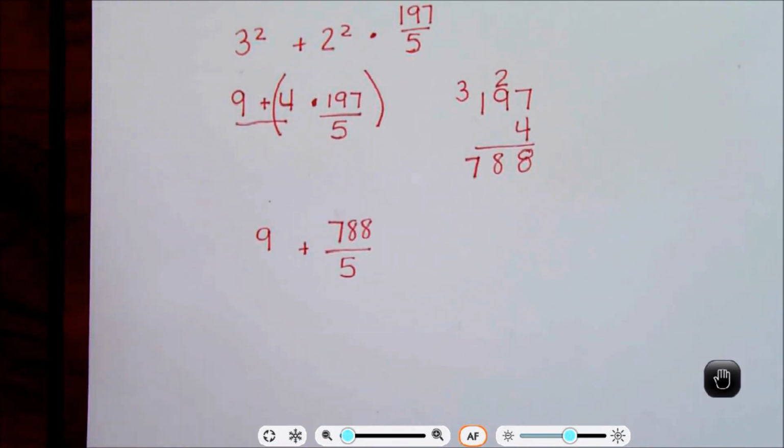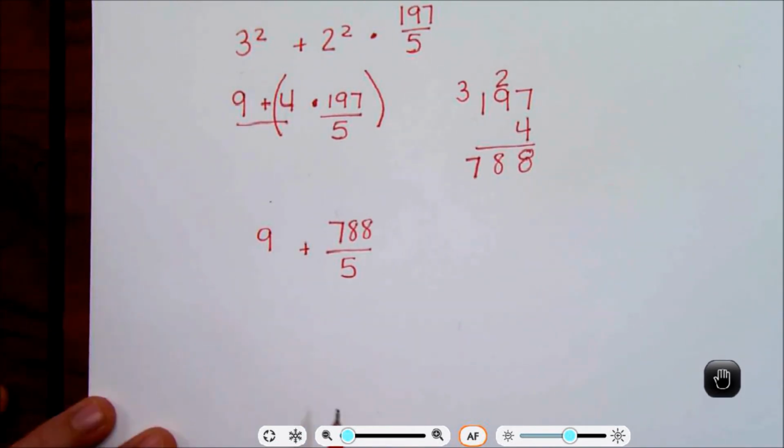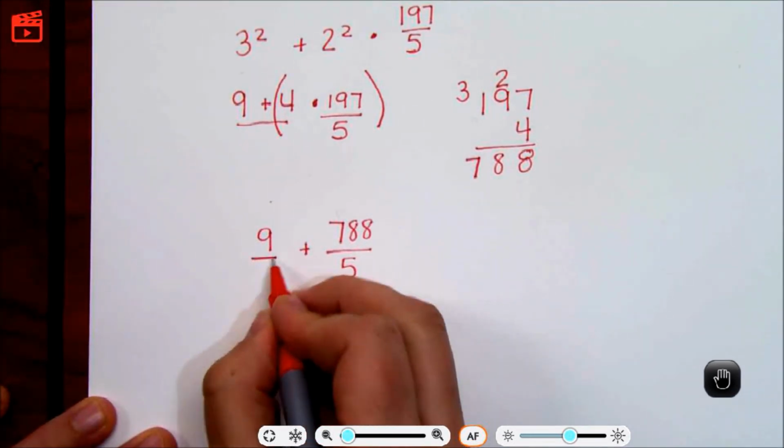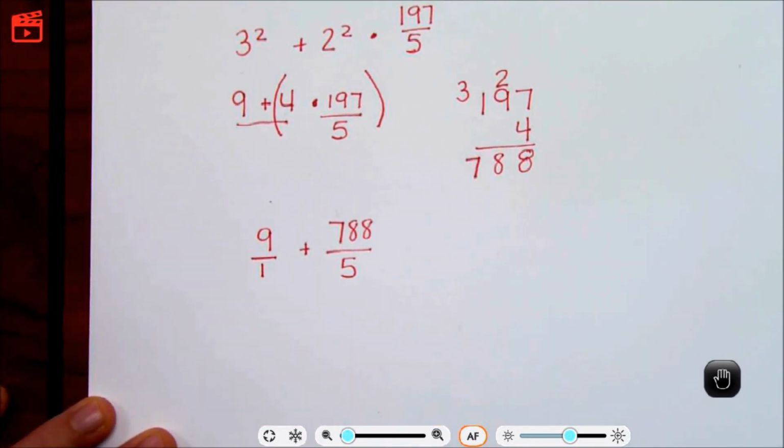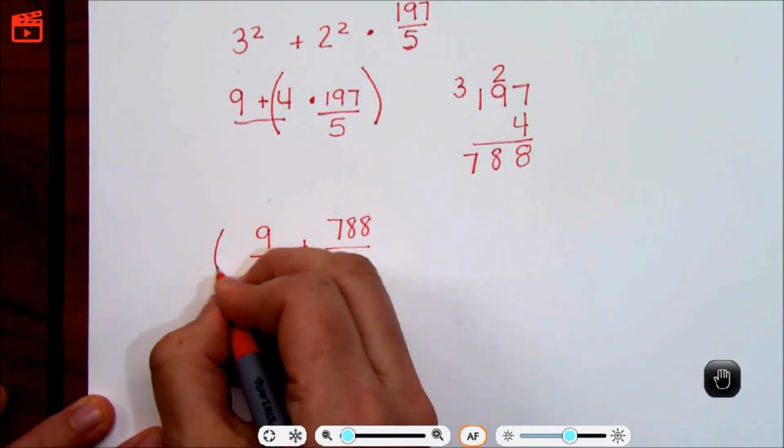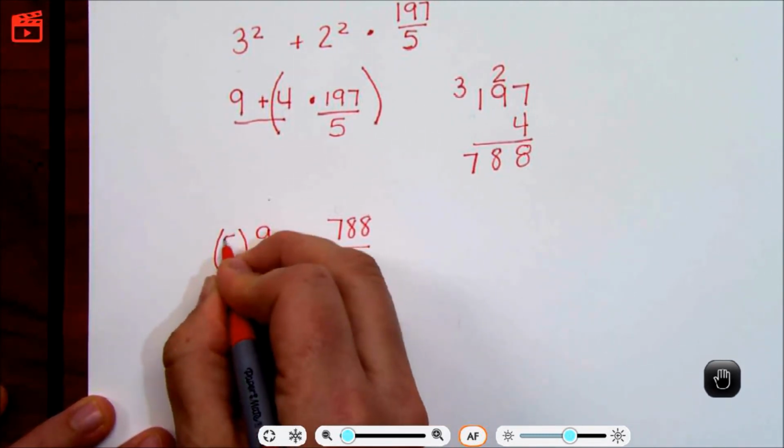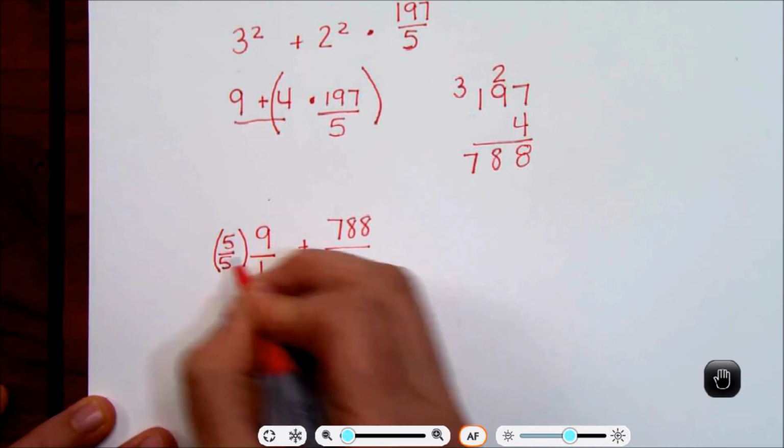How do we do that? Okay, again, we're going to assume a 1 here. We need a common denominator, so we want it to be 5. So we're going to multiply by a fraction equal to 1, 5 over 5.